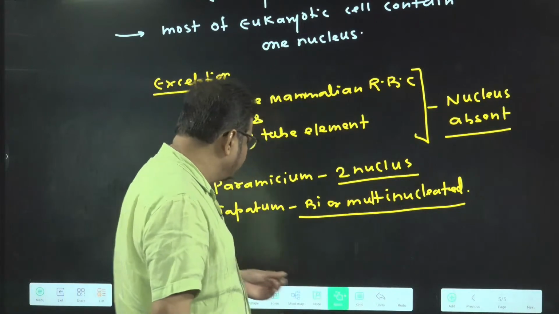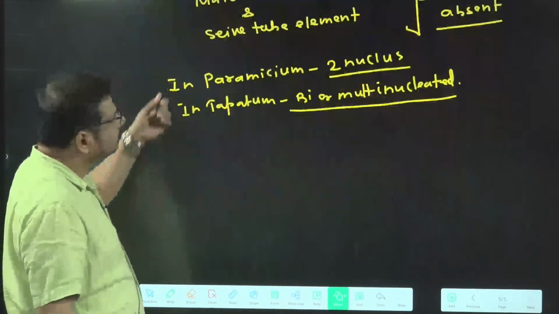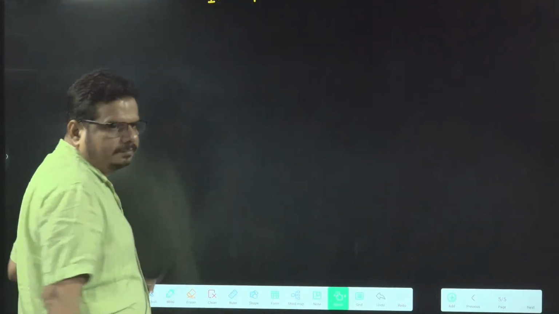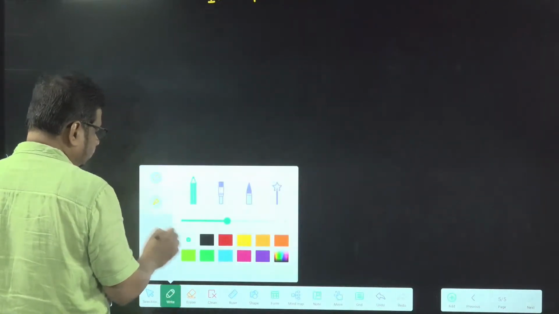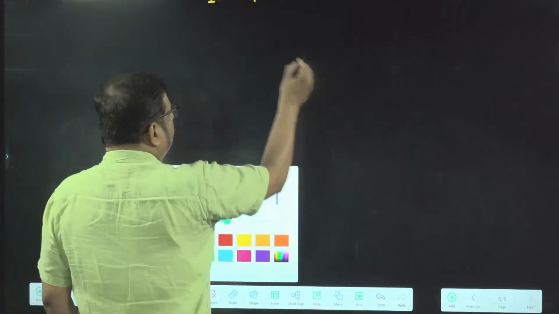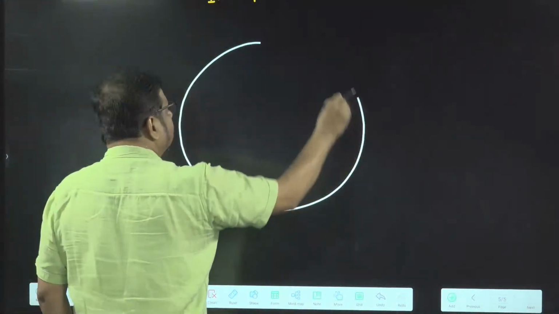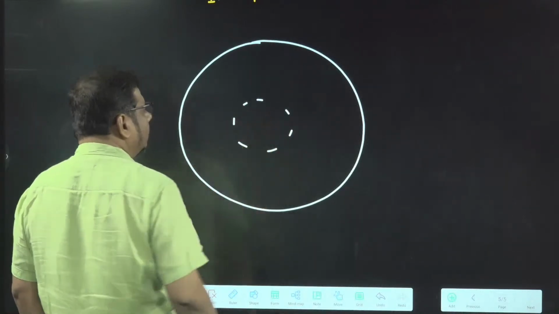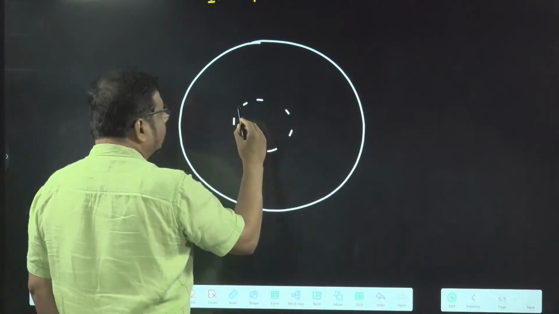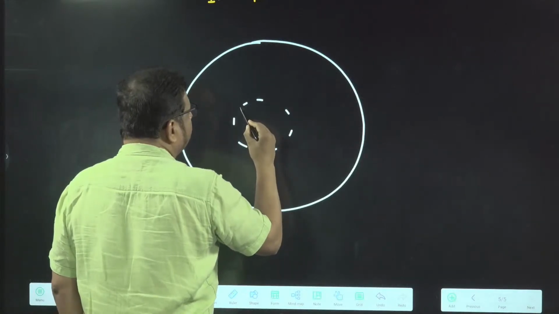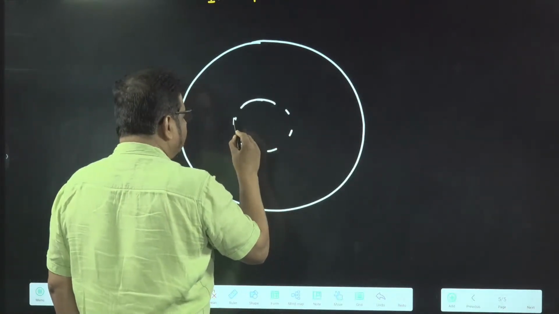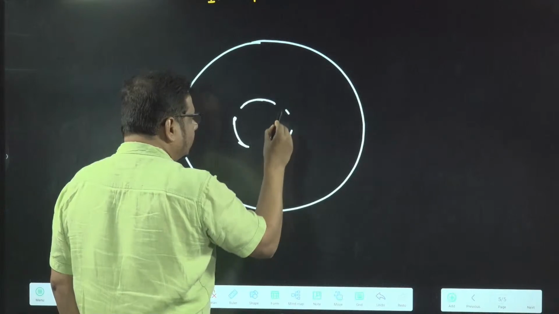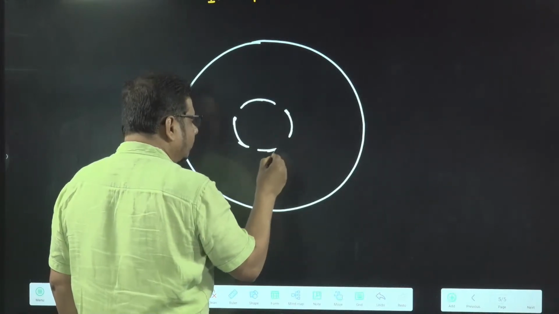Okay, have a look here. See the things. I'm just drawing a cell. This is a cell, and in this cell, this is the nuclear membrane. Actually, for the nuclear pore, I did it like this, otherwise it becomes difficult to erase here.